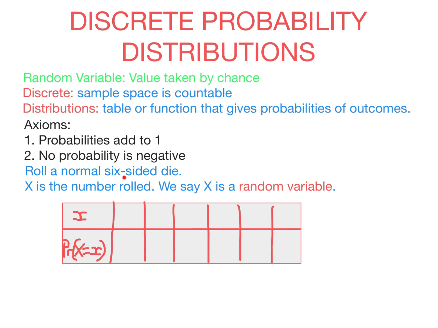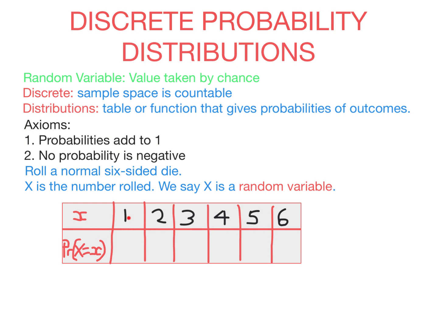So let's say I roll a normal 6-sided die. I'm going to let X be the number rolled. So X here is a random variable. X can take on values 1 to 6 inclusive. Which of these 6 values it assumes is down to chance. So that's why X is a random variable.